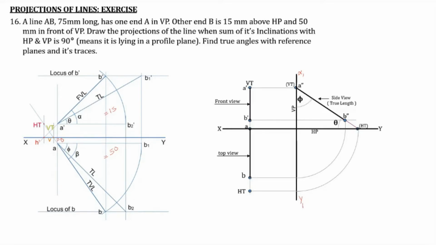Now these two angles: the angle between VP or X1, Y1 and the true length line is phi, the true inclination with the VP, and the angle between the true length line, that is the A double dash, B double dash line, and XY line is theta.